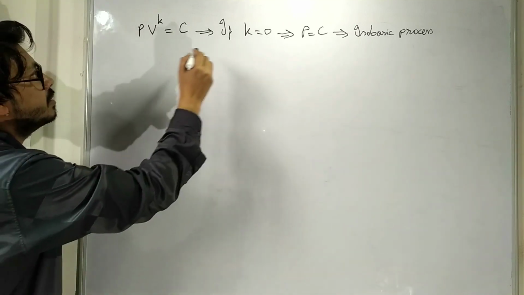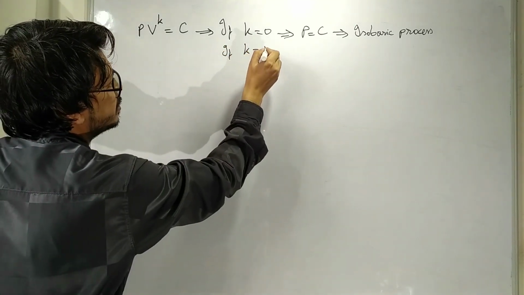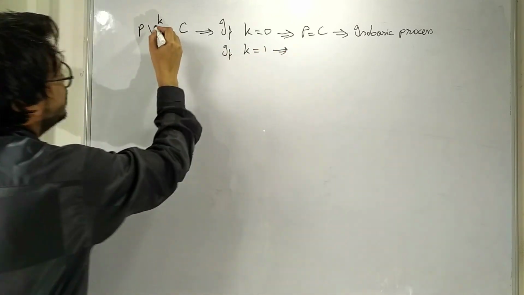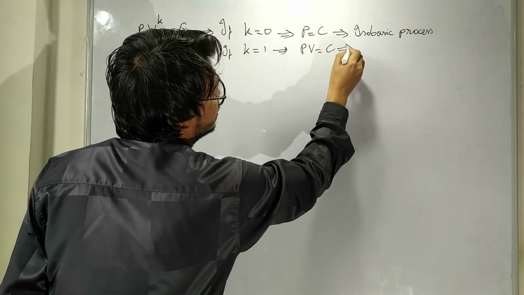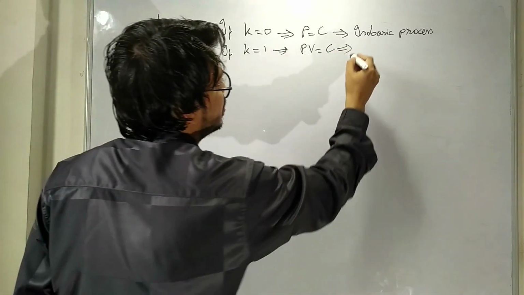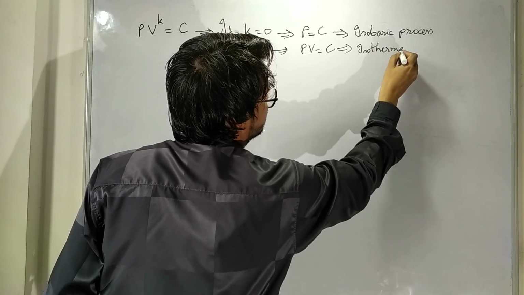And if we put k equals 1, then k equals 1 means PV equals constant. This means isothermal process.